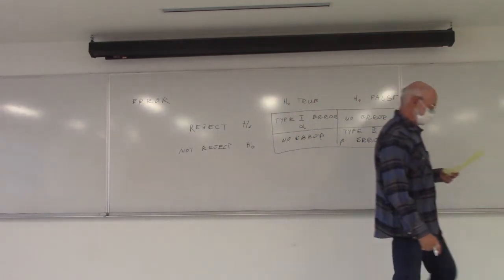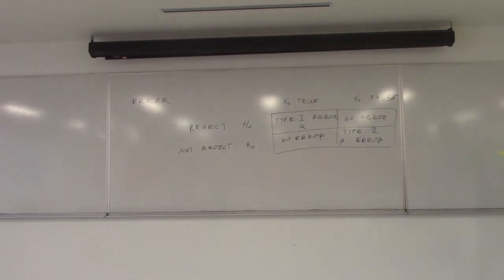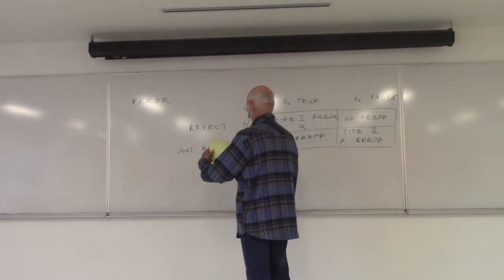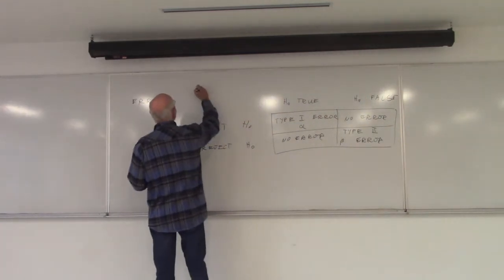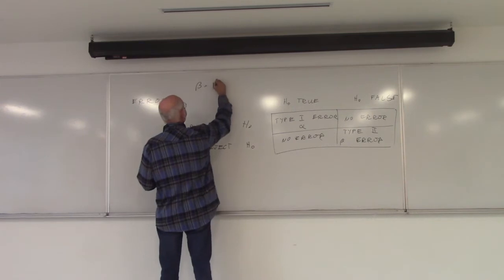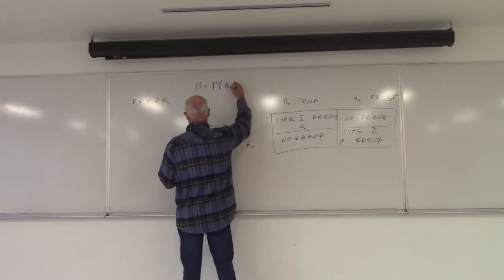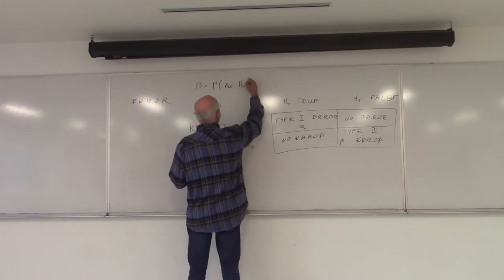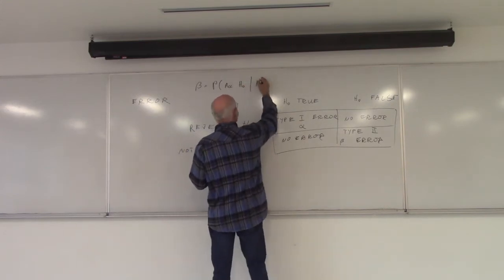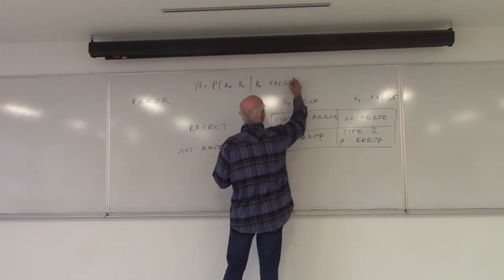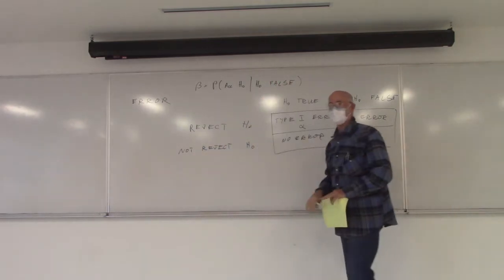Okay? All right, well, let's make a few observations about beta. All right? So, beta is equal to the probability of accepting H naught given that H naught is false. So that's how we make probability statements.